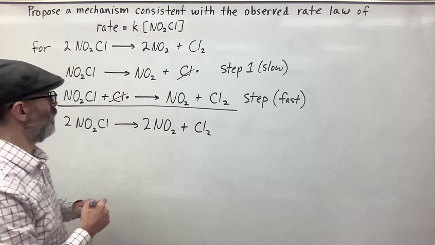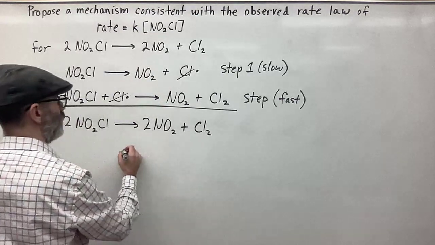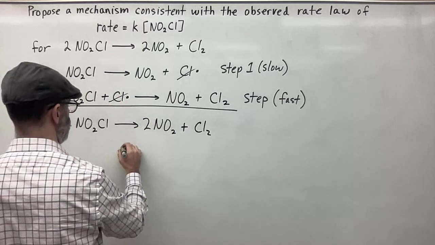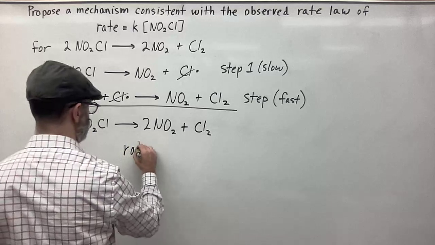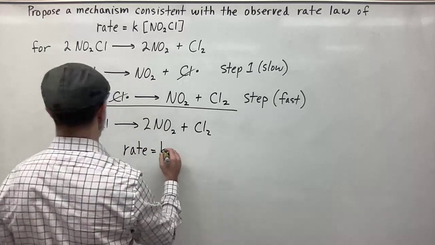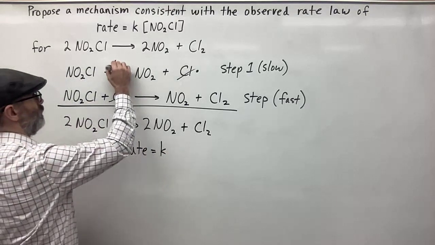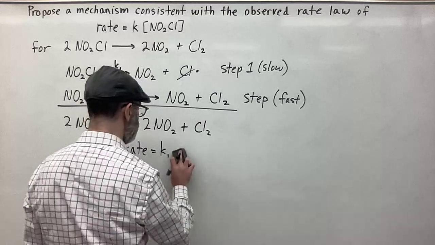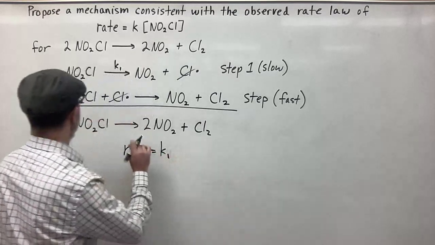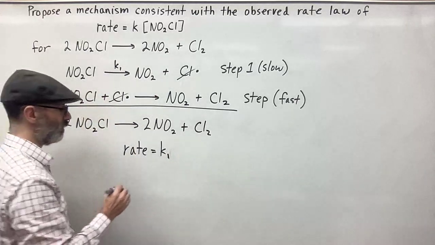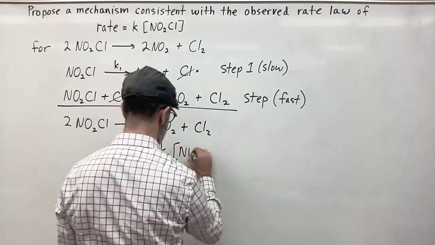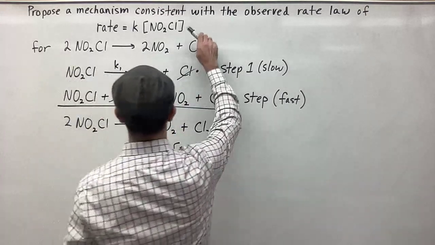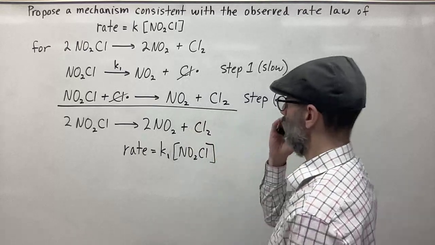So if we write the rate law, the rate for step one is going to be equal to k1 times, and the only thing we have here is NO2Cl, so it would be the concentration of NO2Cl, which is what we have here. So that matches as well.